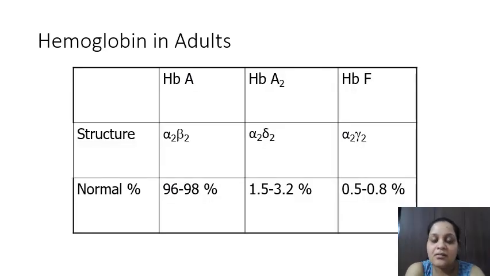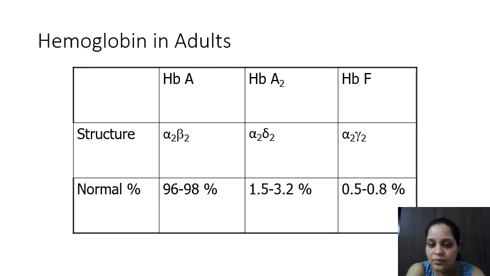Coming to the types of hemoglobin found in adults, as we have already discussed, this table shows us the structure as well as the percentage of the types of hemoglobin found during adult life. HbA is formed by two alpha chains and two beta chains, and is predominantly found in our body. Its percentage is approximately 96 to 98%.